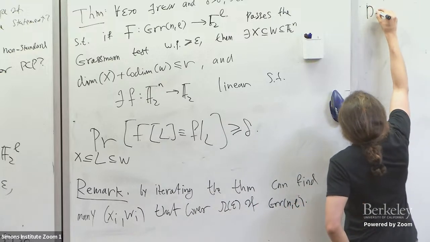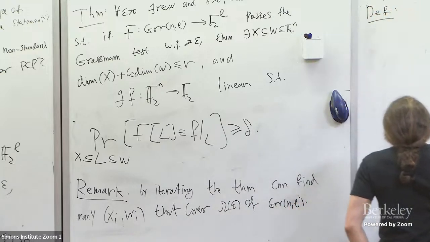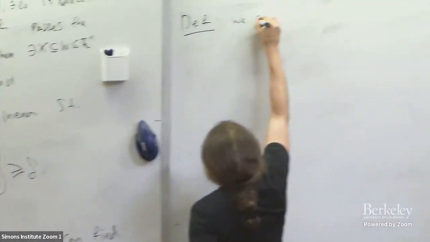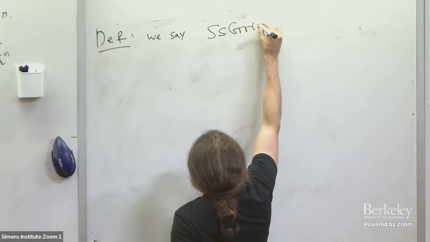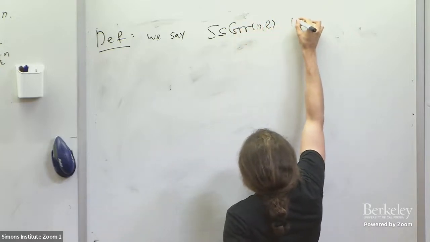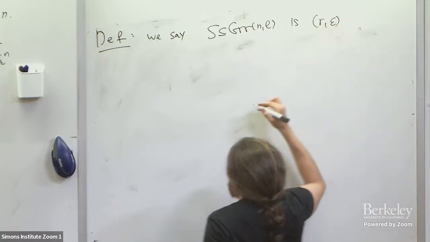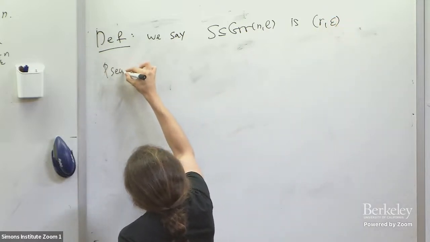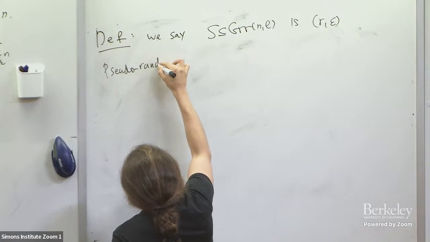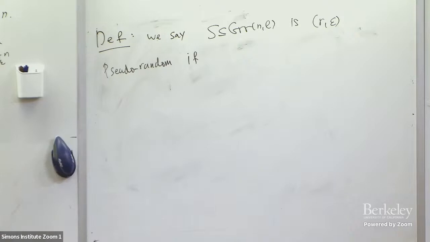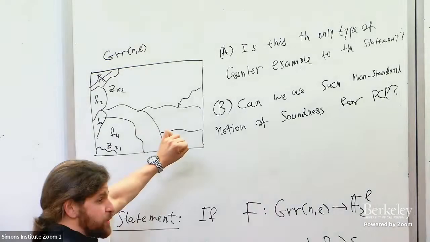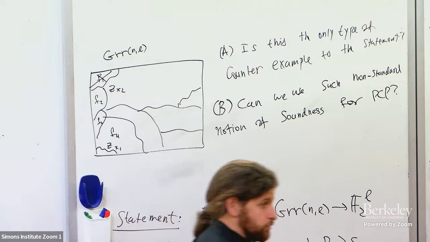Definition. We say a set of vertices S is (R, epsilon)-pseudo-random if, well, you should think about S as a small set. What I want to say is that the relative density of S in any small set that doesn't expand is still very small.